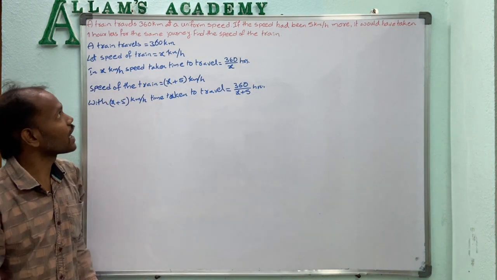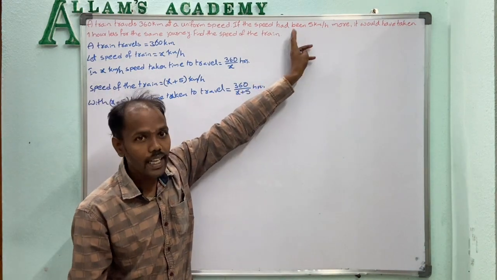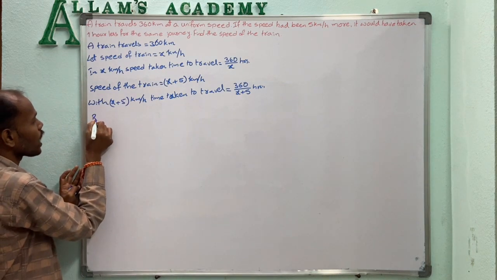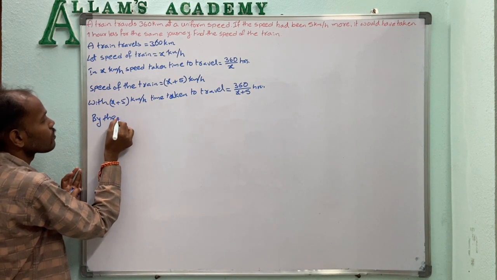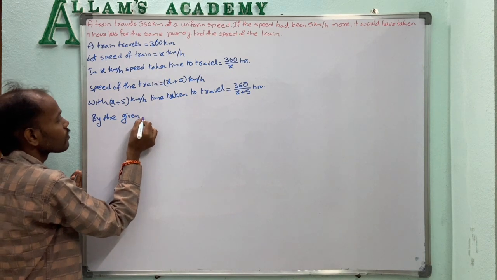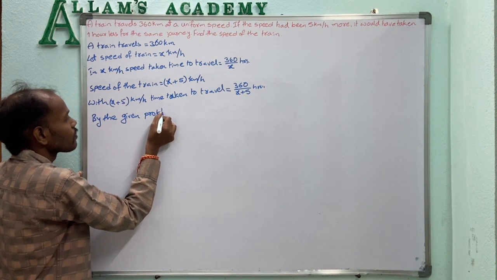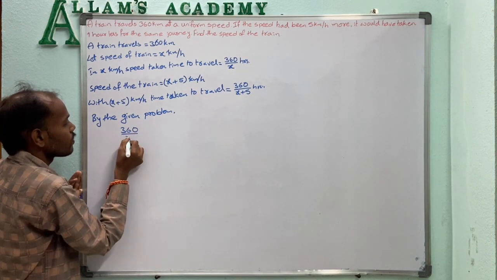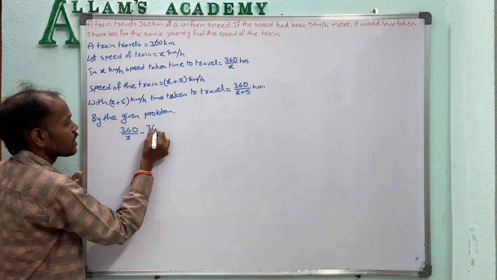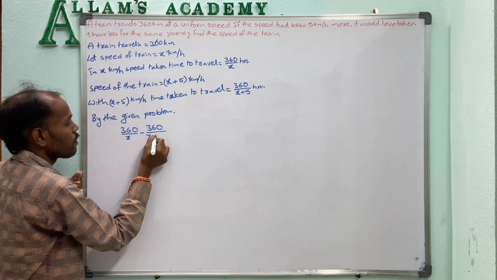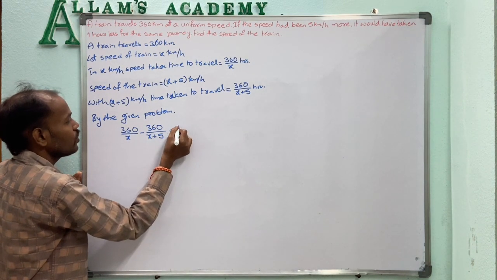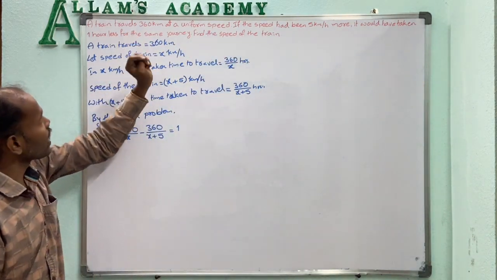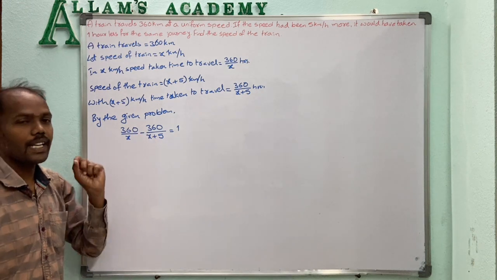Now here both times' difference is 1 hour only. So by the given problem, 360 by x minus 360 by x plus 5 equal to 1 hour. Since the time is 1 hour less, for that purpose we subtract.